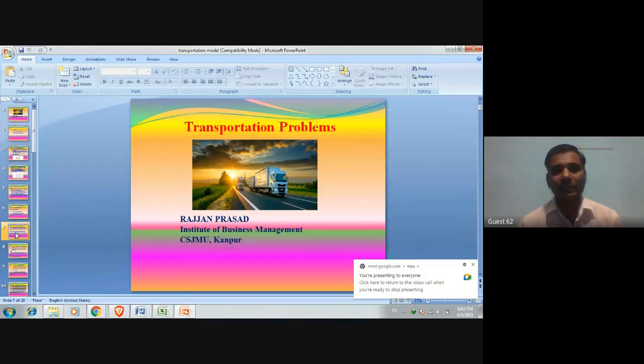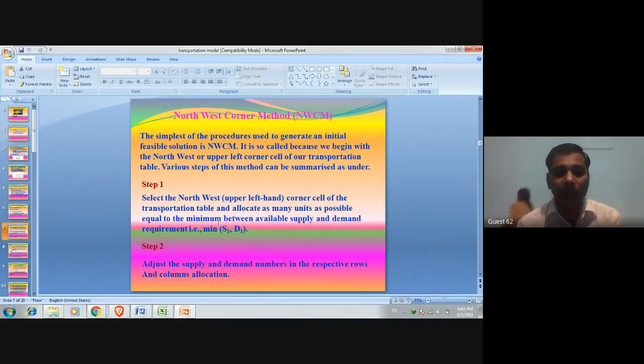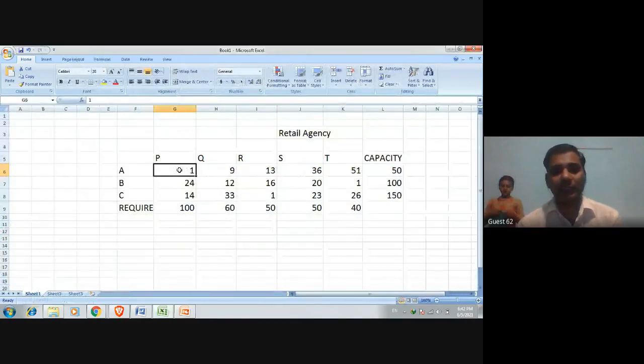Select the northwest, or upper left hand corner, cell of the transportation table and allocate as many units as possible, equal to the minimum between the available supply and demand requirement. This particular rectangle which is selected is called a cell.